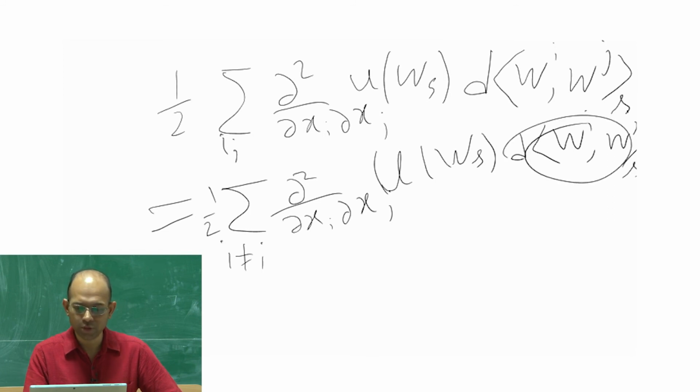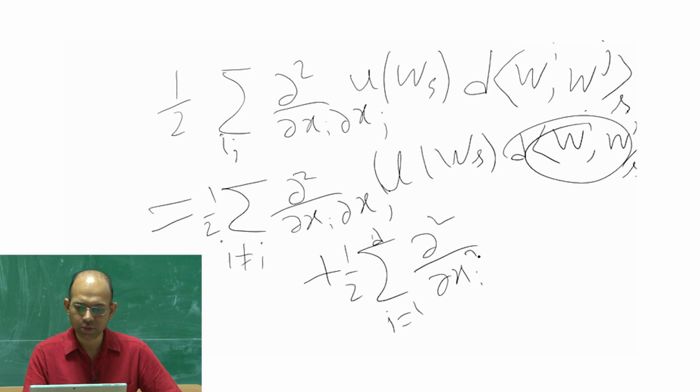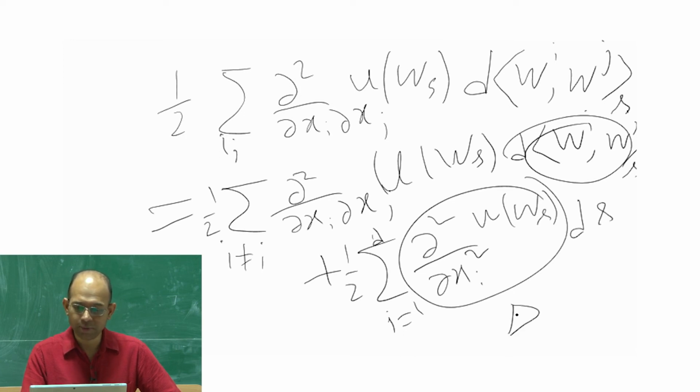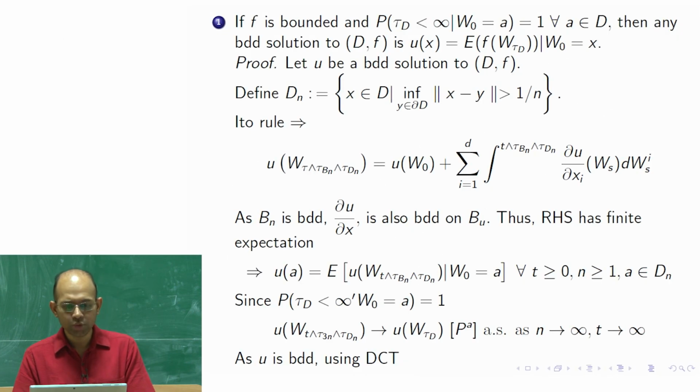The other part is the i equal to j part, so the sum over i equal to 1 to d of ∂²/∂x_i² u(W_s) d⟨W_i,W_i⟩_s, which is like the quadratic variation, so ds. However, this is the Laplacian of u, but u is harmonic, so this is also 0. So this whole term becomes 0, and that is the reason we do not get the second order term here.